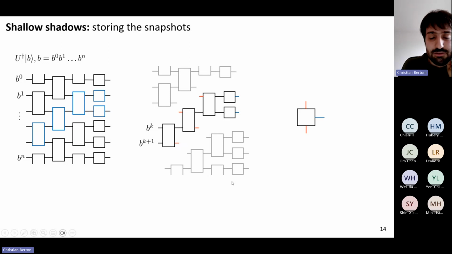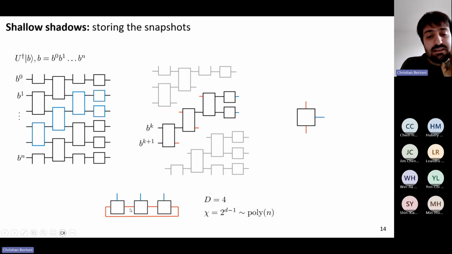And if we do the same with all other paths here, we will get an MPS. The physical dimension is 4 because we have 2 qubits here, and the bond dimension is 2 qubits' legs for every layer here, and there are d-1 layers where d is the depth. Since d is logarithmic in the system size, chi is polynomial in the system size, and so we get an efficient representation for these snapshots.